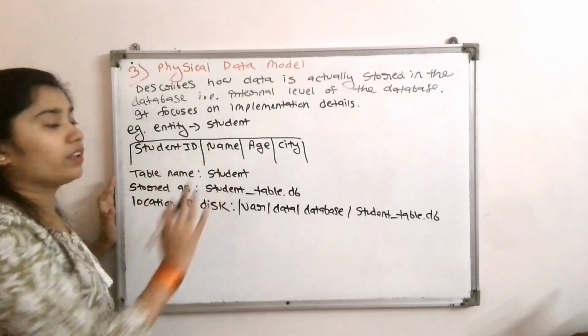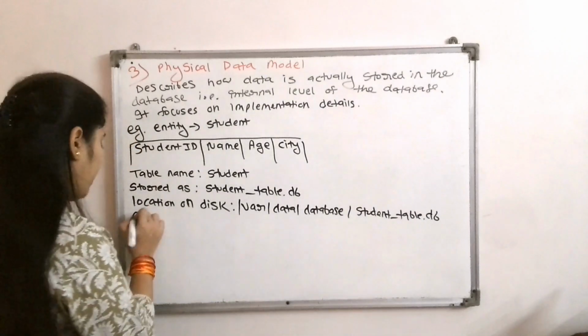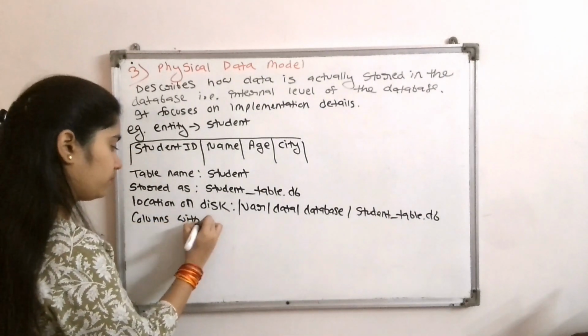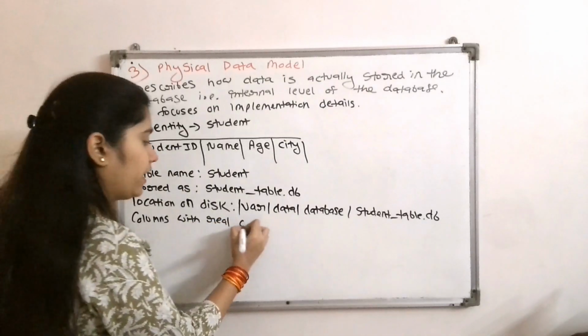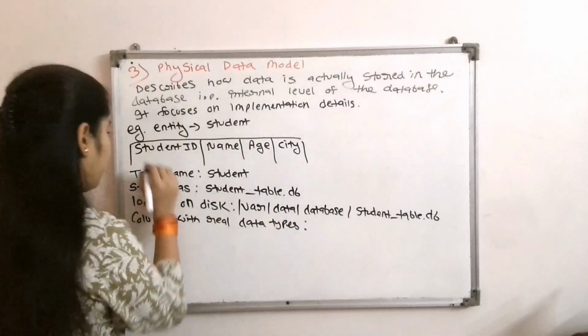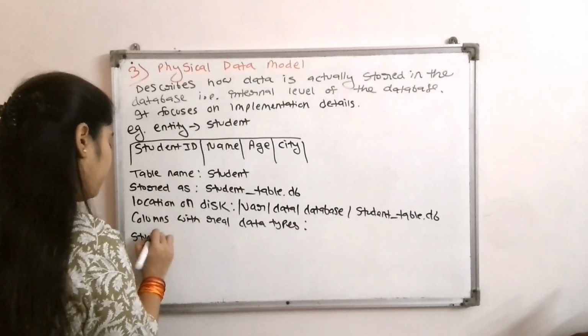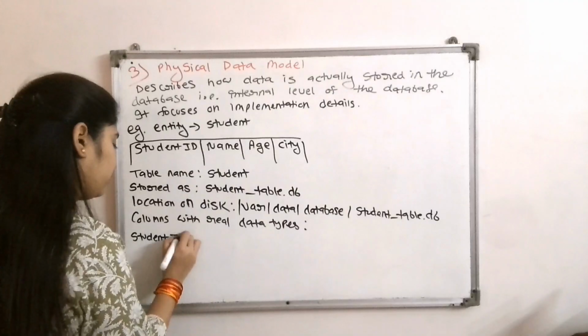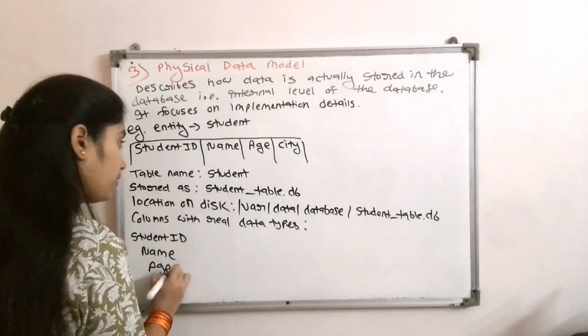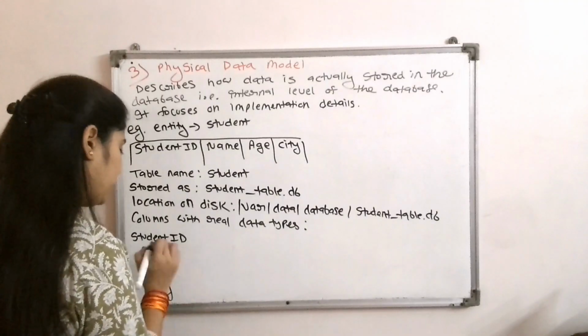Now we have the columns with their real data types. As columns we have student ID, name, age, city.